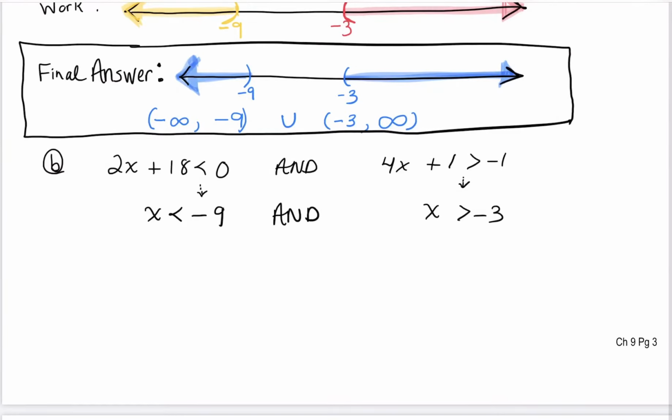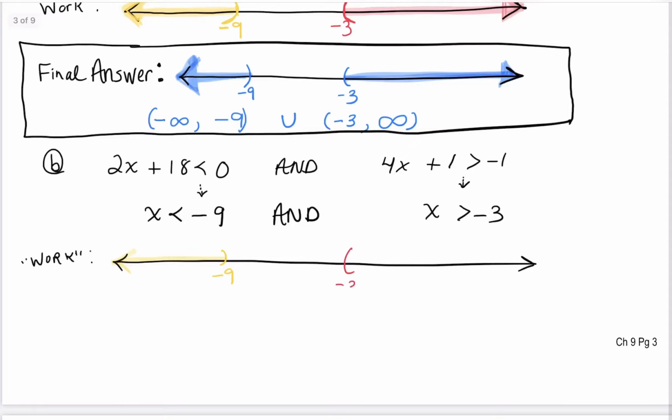The initial work is the same as above: we're just thinking about what both of these look like if I graph them. What does everything less than -9 look like? There it is again. And what does everything greater than -3 look like? Here's that one. Now after we do everything the same, we think about the word. The word is and.